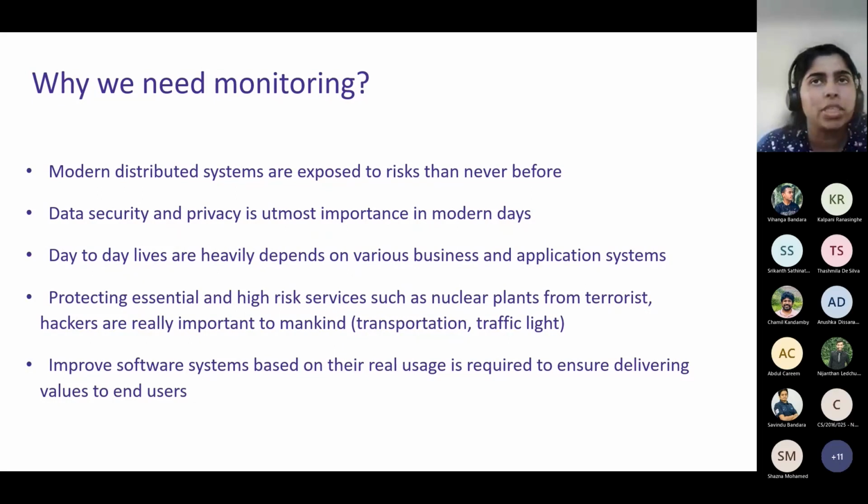So we need to make sure these systems work smoothly and perform well. To ensure these systems perform well and deliver what they're supposed to deliver, we need monitoring.